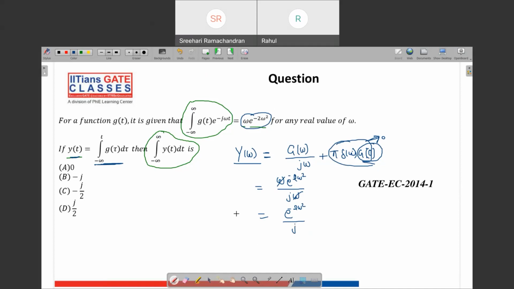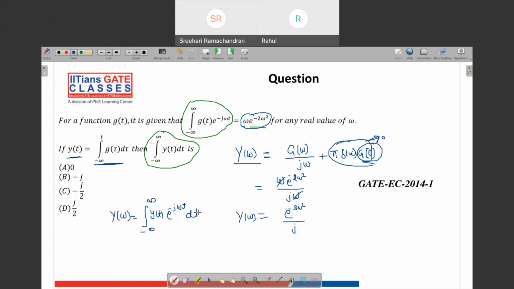Now this is your Y of omega. Y of omega can be written as the integral from minus infinity to infinity of y of t e to the power minus j omega t dt.